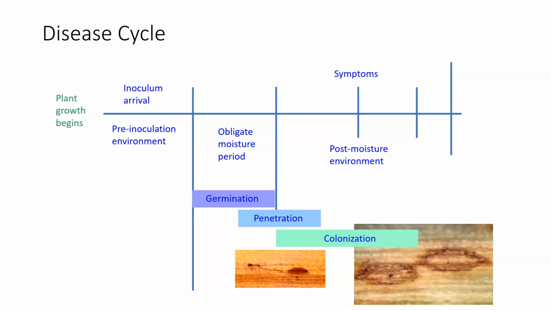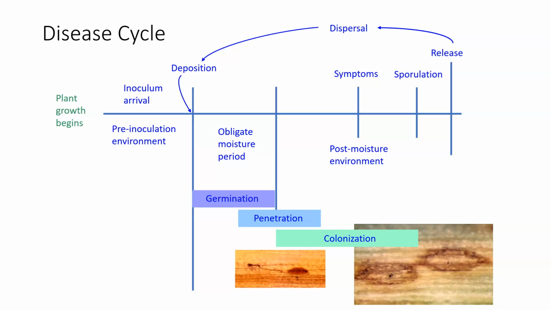You can see in this particular picture, you've got some symptoms developing on this tissue. Then we get sporulation. And when we get sporulation, that is going to cause the formation of inoculum that is going to be released, that will be dispersed. It will deposit itself back on susceptible living tissue, hopefully, and we start the process all over again. This is a disease cycle.